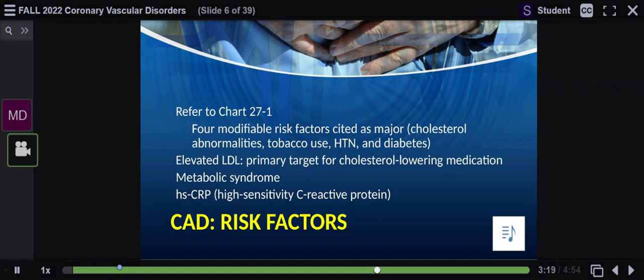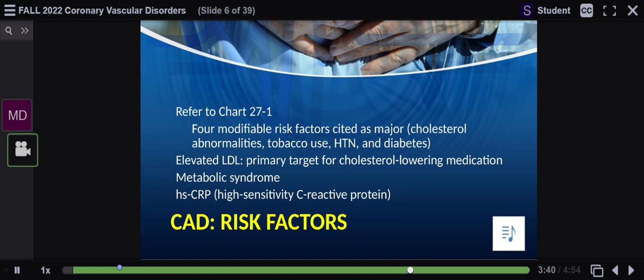The likelihood of cardiac events is affected by age, gender, systolic blood pressure, smoking history, level of total cholesterol, and level of your high density lipoprotein, HDL, also known as your good cholesterol.